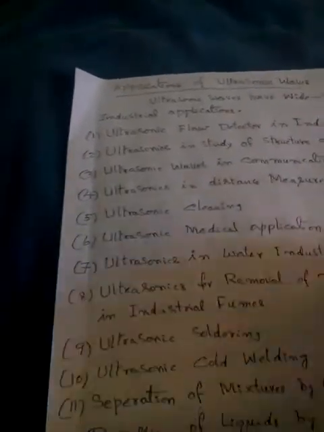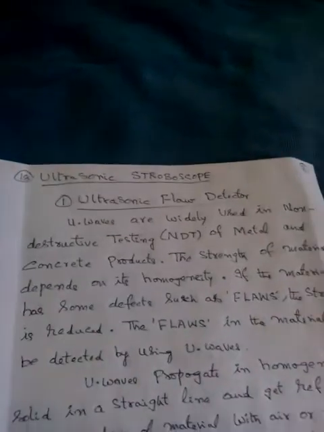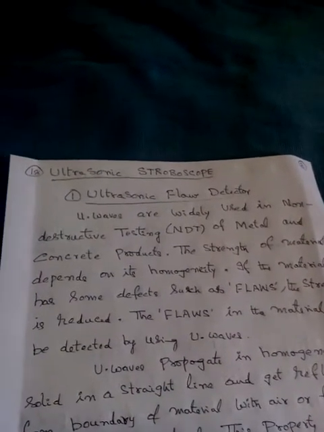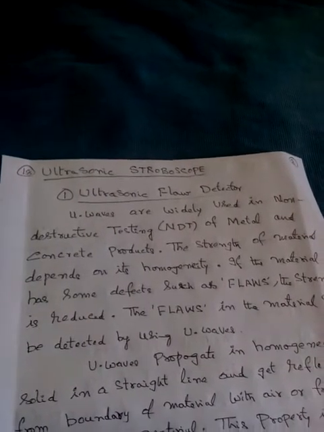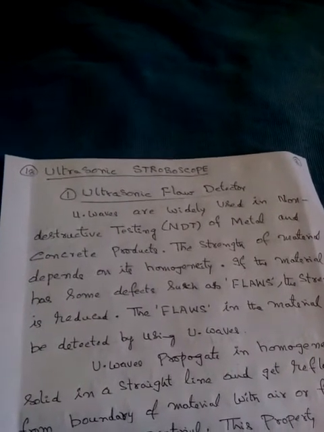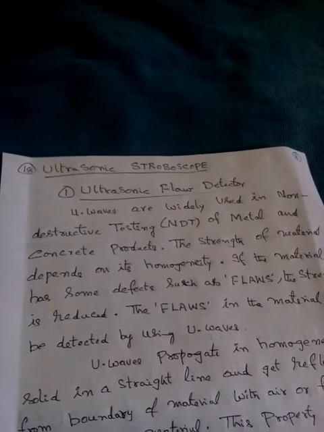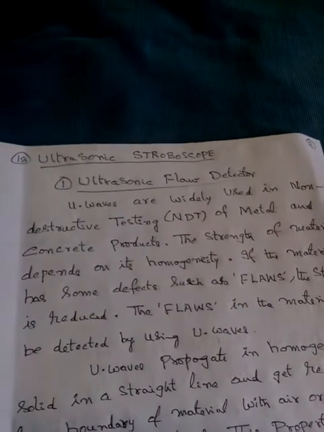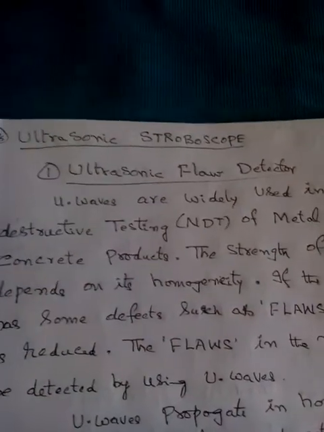Number one is ultrasonic flaw detector. It is the most commonly used in industry. The flaw detector is nothing but detecting defects in the material. Ultrasonic waves are widely used in non-destructive testing.